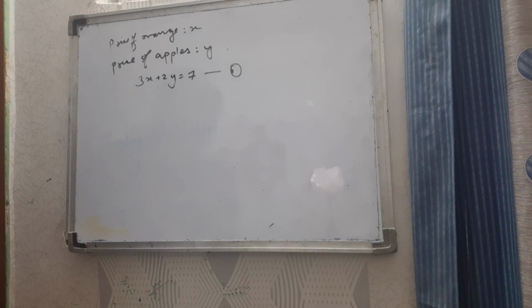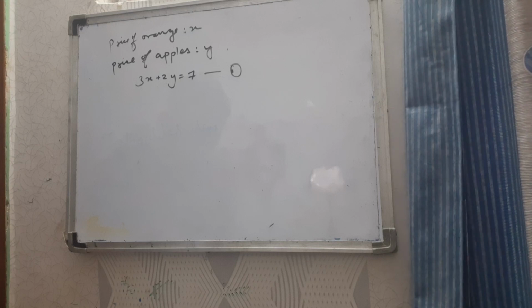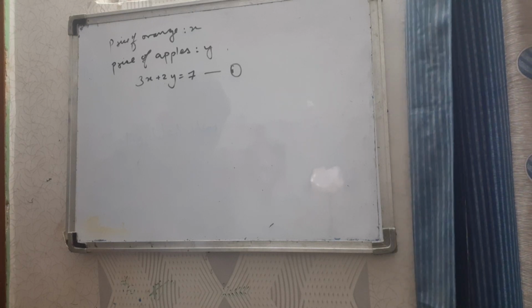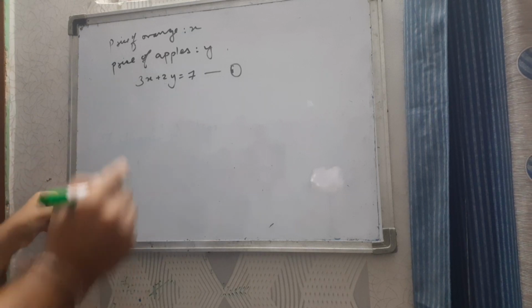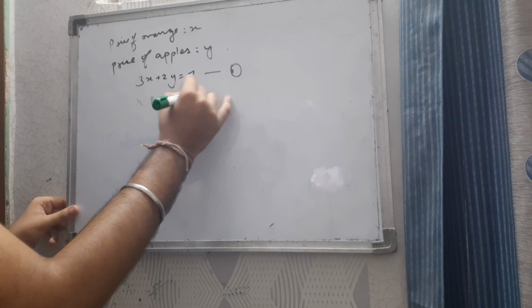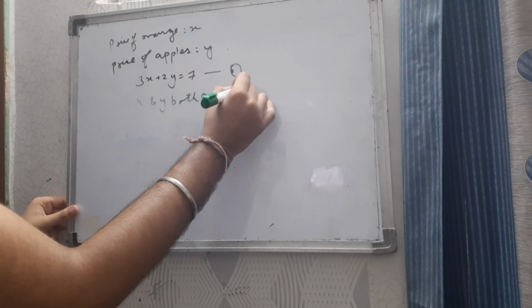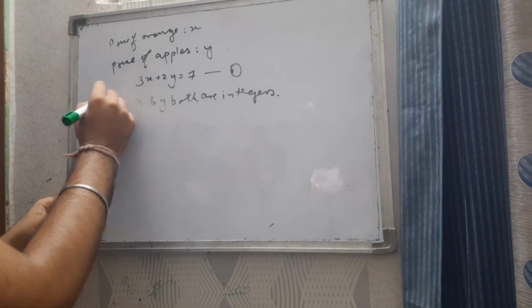So the answer would be both statements 1 and 2 together are sufficient to answer the question, but neither statement alone is sufficient. So why? We are given that x and y both are integers. This is given.